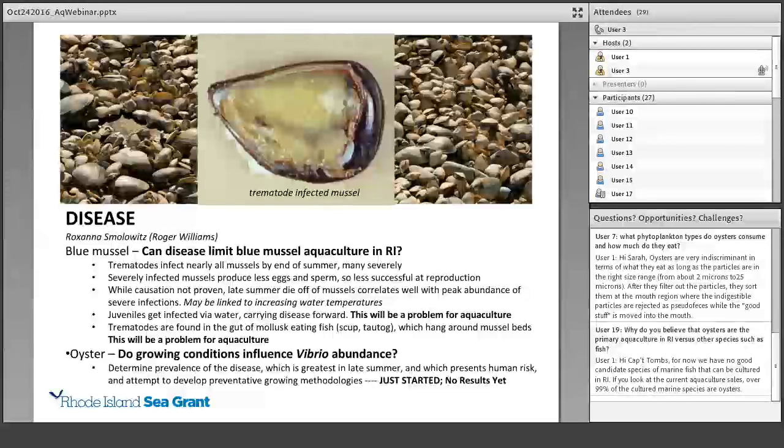Some initial research findings that she's getting is that there is a big spike in trematodes, which are a waterborne parasite of mussels. They become much more common right at the end of summer. Many mussels are infected, some of them severely so.